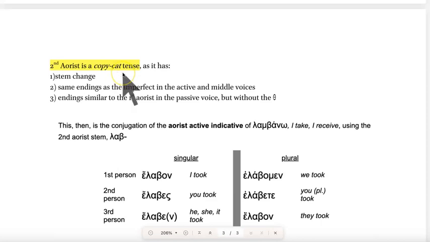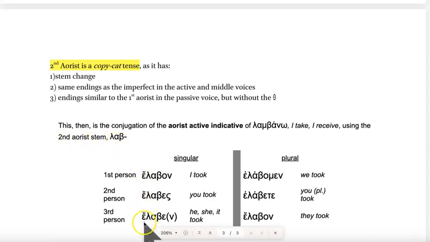How do you know if a verb has an augment and it has these endings? How do you know if it's an imperfect tense verb or if it is a second aorist verb? The key is right here in the stem change. And so we've got our verb lambanō, and notice that the second aorist stem, we lose the mu and the an. The second aorist stem is just lab.